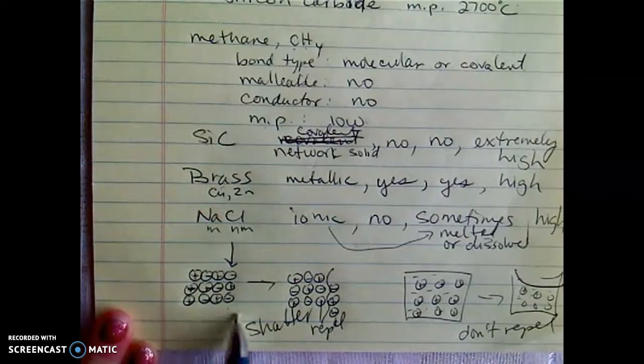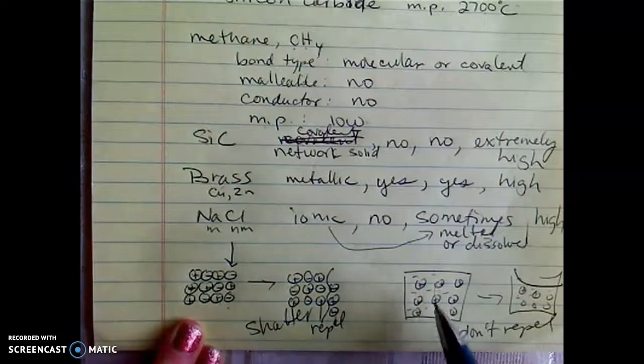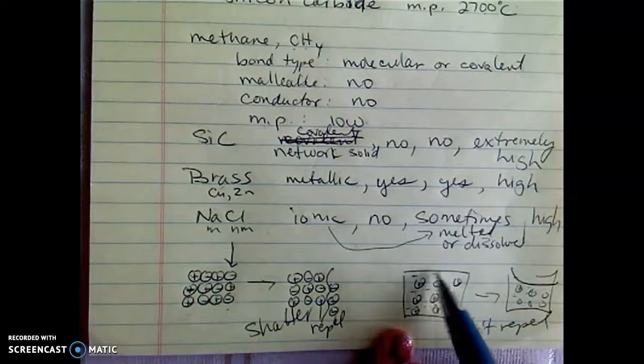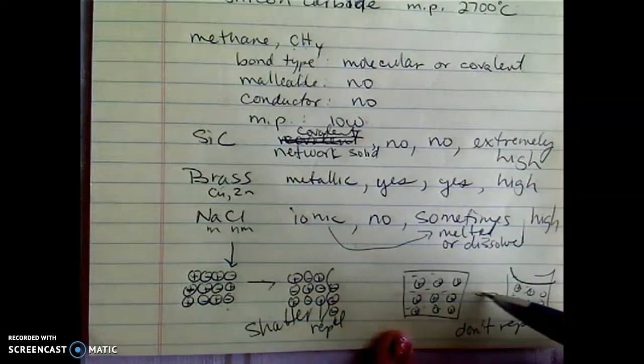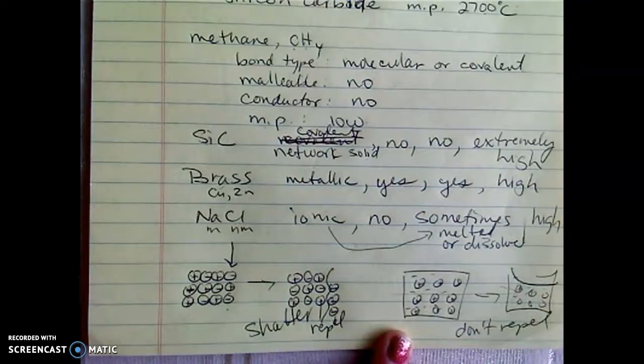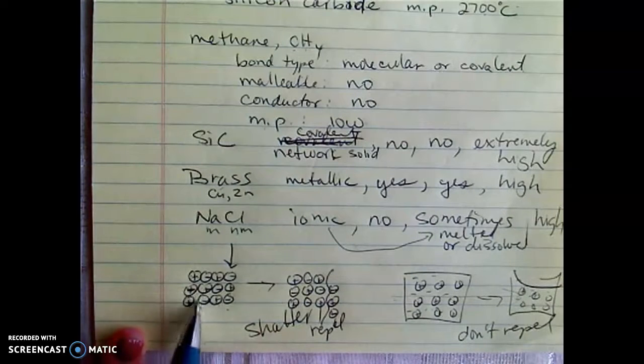Again, if we go back to your ionic substance like this, you do have pluses and minuses, so as a solid it will not conduct electricity because these can't move. But in a metal, this can conduct electricity because these electrons are all moving. So as long as they're moving, that electricity can flow right through because it can be carried on those electrons. But if you melt this, then these pluses and minuses can move.